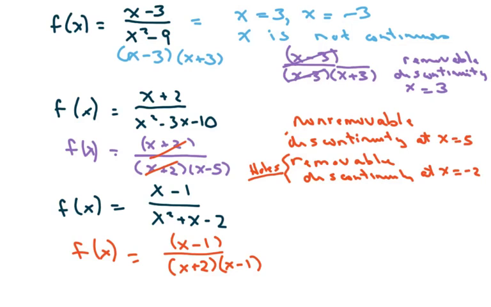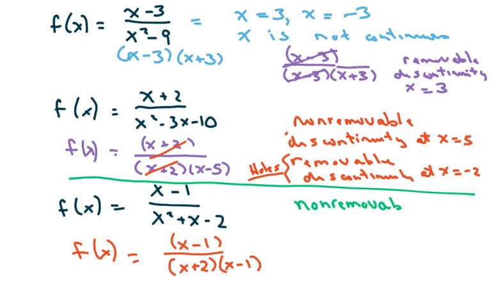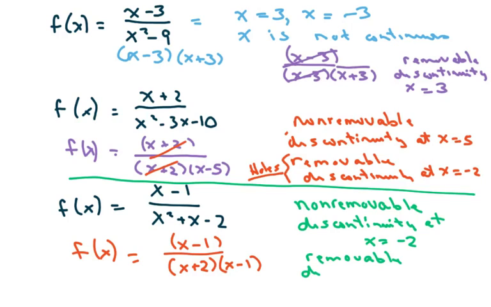So it has a non-removable discontinuity at x equals negative 2, and it has a removable discontinuity at x equals 1, because you can cancel those out.